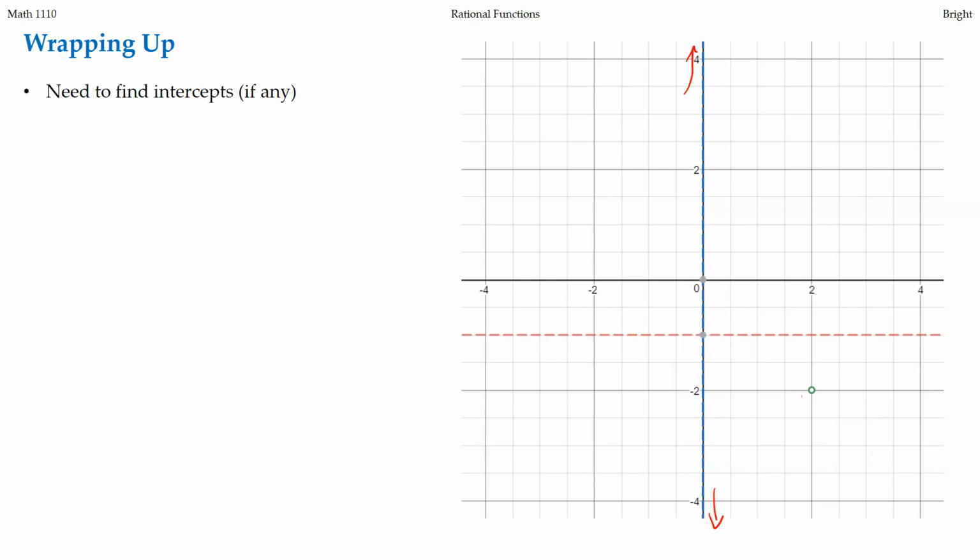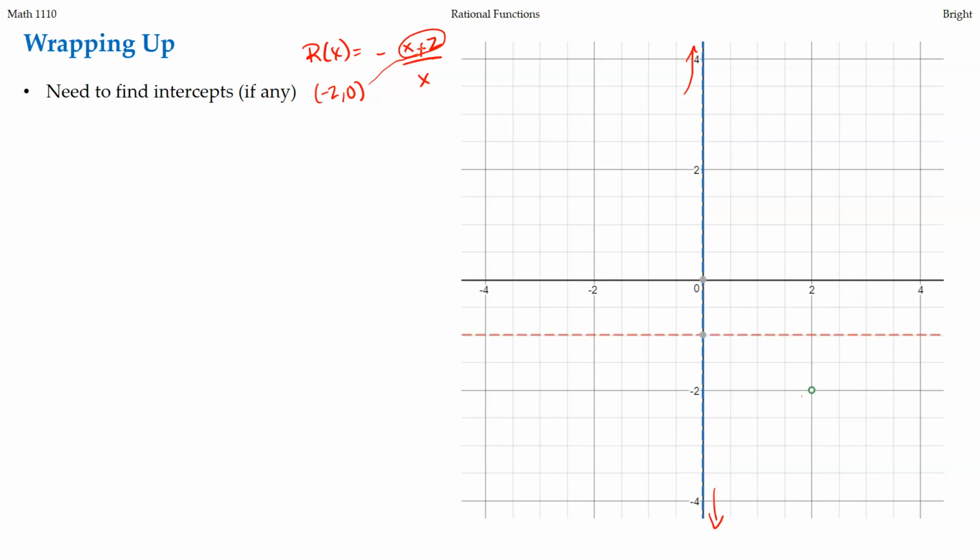Well, find the intercepts. Remember that r of x was negative x plus 2 over x. This gives us the intercept negative 2, 0, and that's really just the x-intercept, which is what makes the numerator 0.